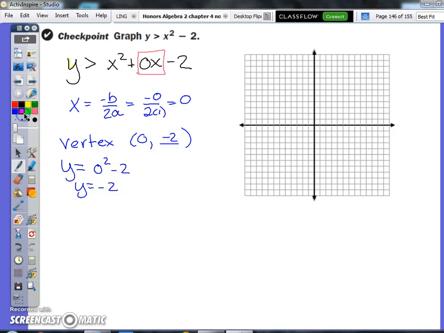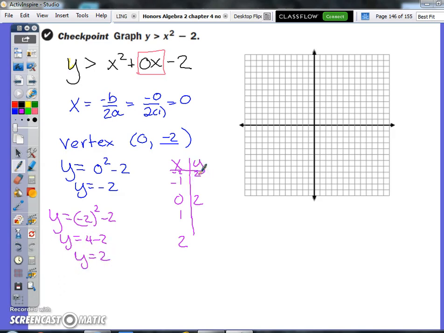Make your T-chart, x, y, 0, 2. Put in negative 1, put in 1, put in 2, put in negative 2. And you just fill in. So y equals negative 2 squared minus 2, which is y equals 4 minus 2, which is y equals 2.